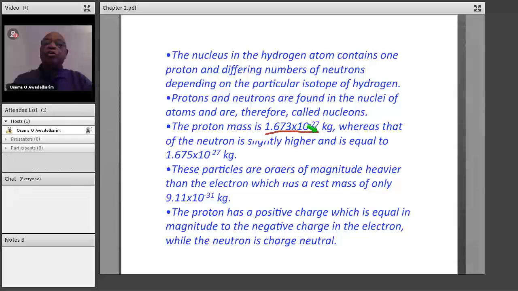The mass of the proton is 1.673 times 10 to minus 27 kilogram, so the proton has a high mass. The nucleus could also have a neutron, which is 1.675 times 10 to minus 27, again similar to that of the proton. But both of them are much heavier than the electron mass, which is 9.11 times 10 to minus 31.